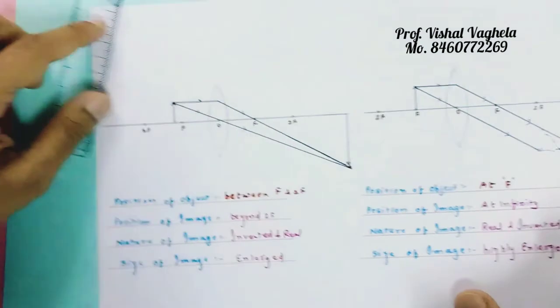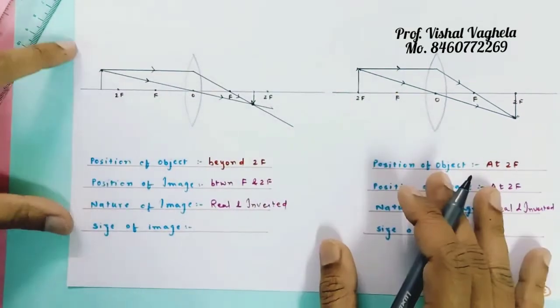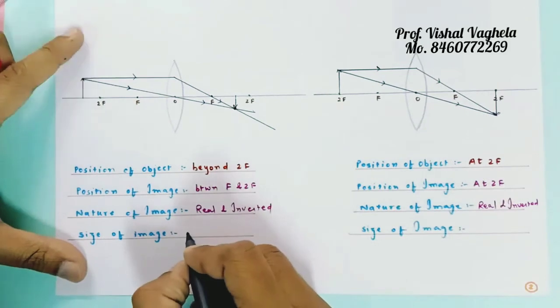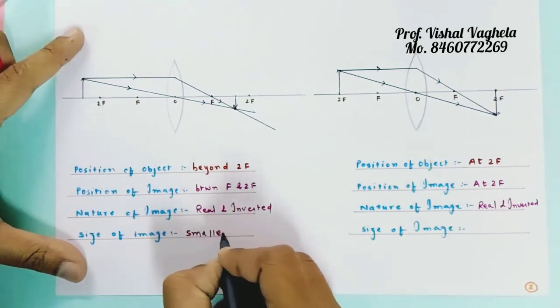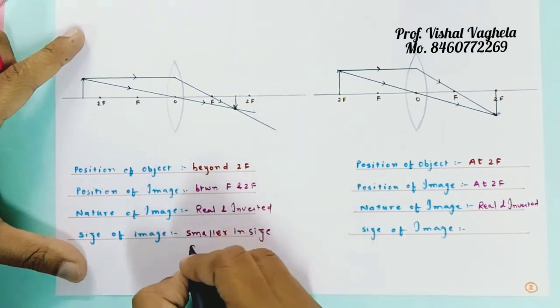Right, people? Now let's also finish the size over here. This is smaller in size. We can also write down smaller in size as that of the object. Or we can also write down diminished.